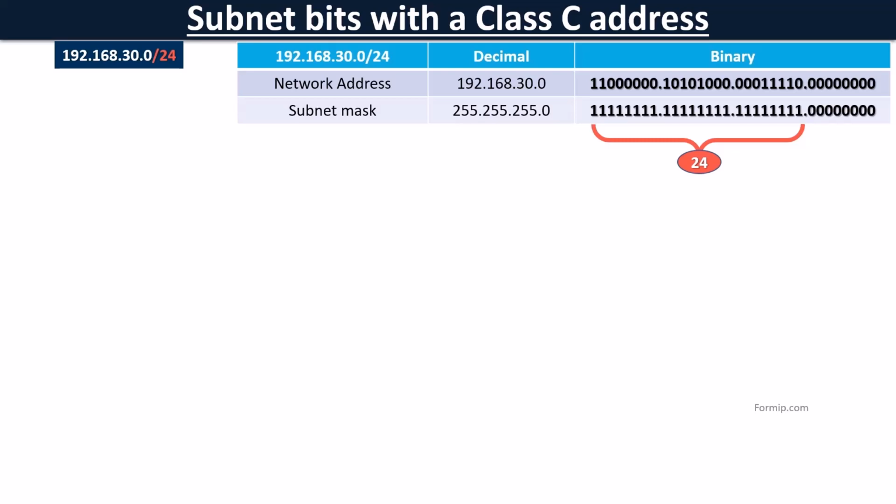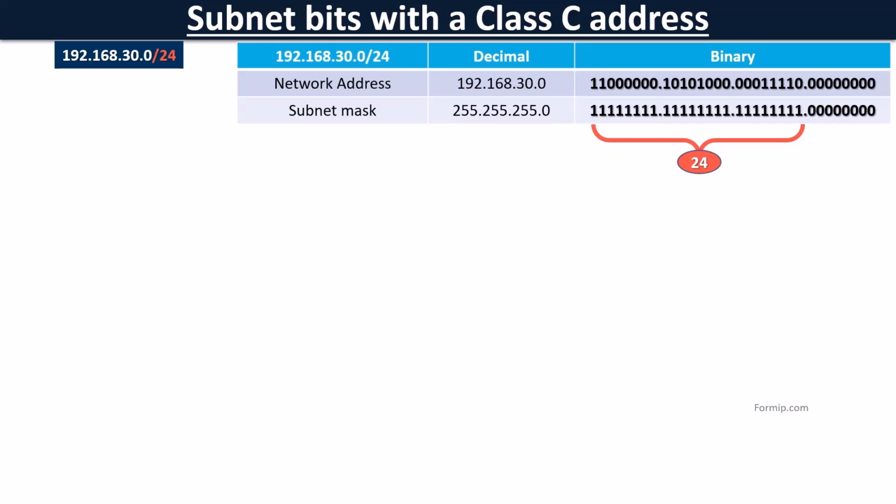Here we have a standard Class C network address which is not divided. As a reminder, the default mask for a Class C is /24, that is to say 255.255.255.0. We will be working with the network 192.168.3.0 with a /24.